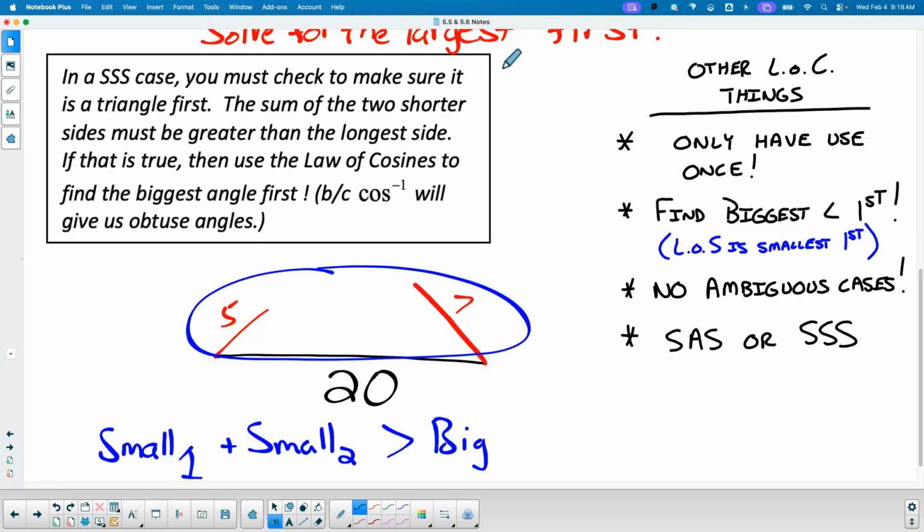Okay? If the sum isn't big enough, then they never meet. Okay? But if the distance is shortened, then they meet and between my elbows and my fingertips would be the triangle. Okay? Or if they meet over here, or over here, etc. Okay? If they're the same, then you just get a line segment. Okay? So it has to be bigger. Can't be equal to, has to be bigger on that sum. Okay?